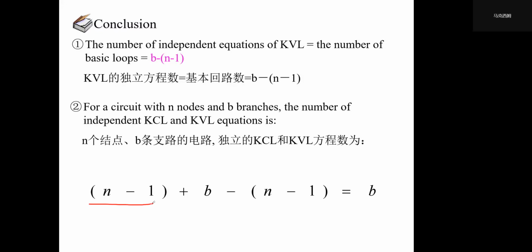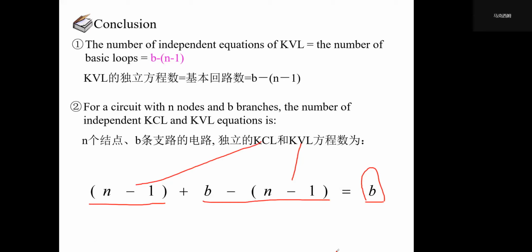This part is the independent number of KCL equations. This one is the independent number of KVL equations. Together, they make up the total number of branches.